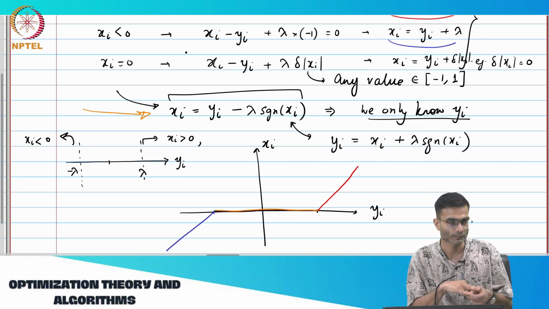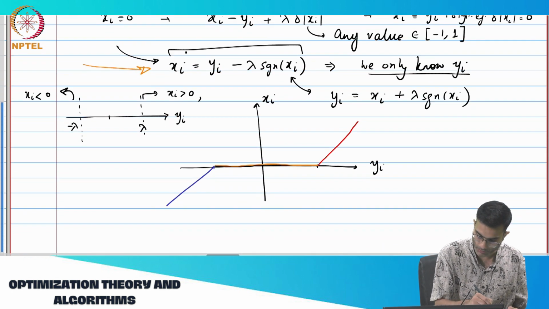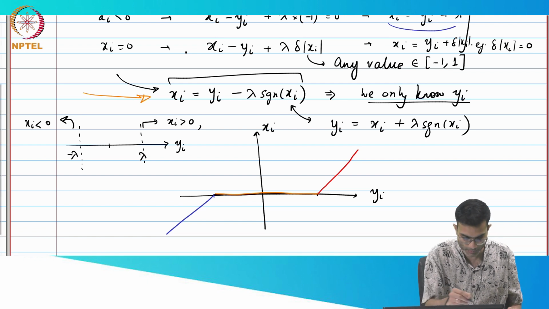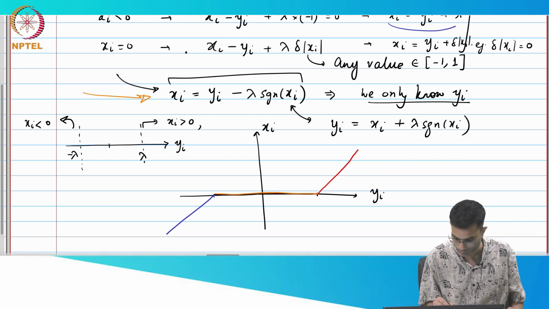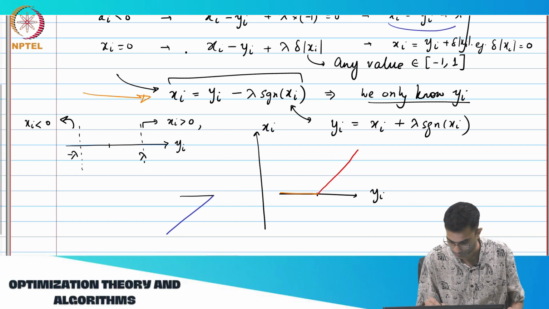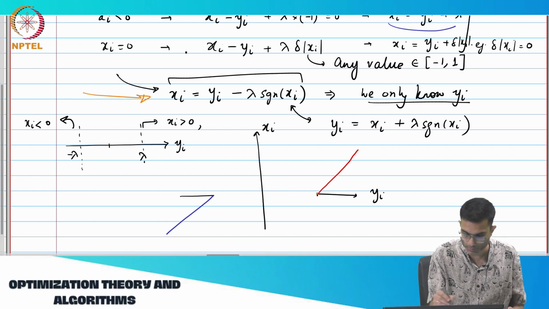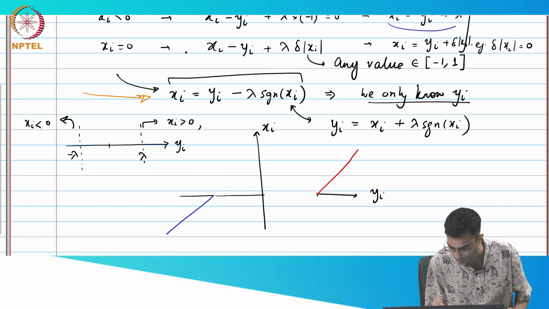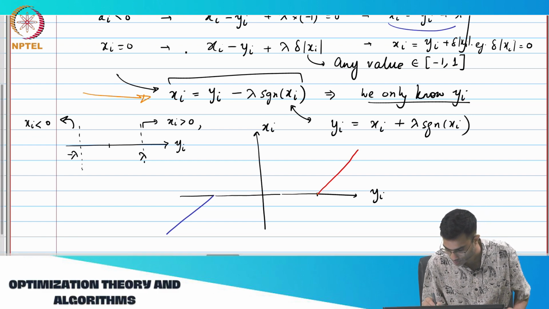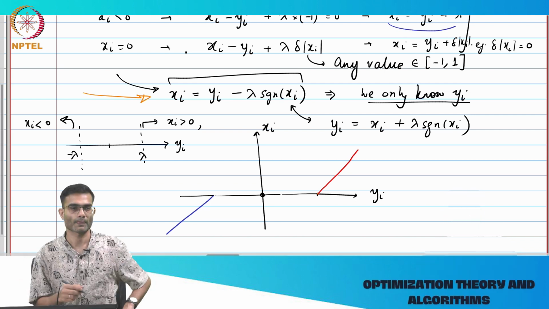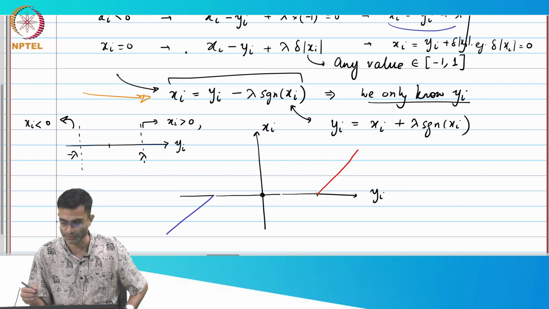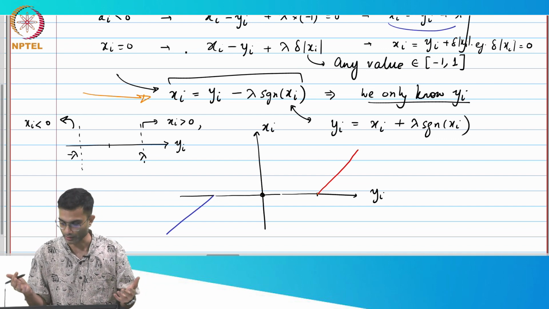Correct. It will be like that, because we chose signum. So this is the relation between xi and yi.